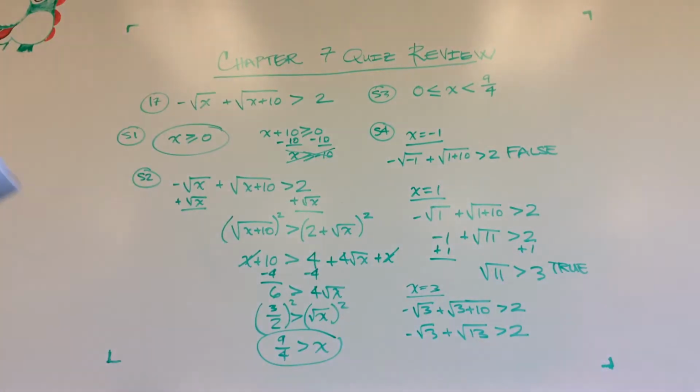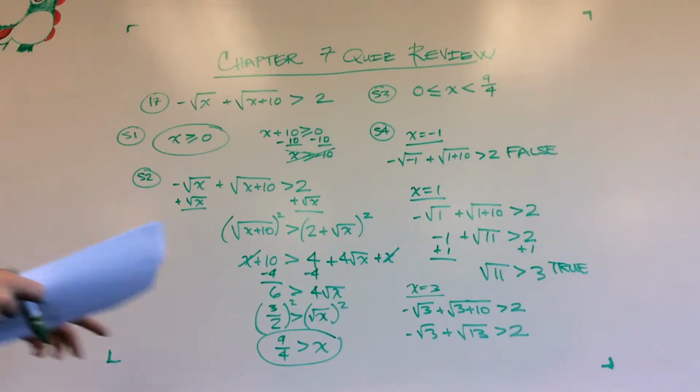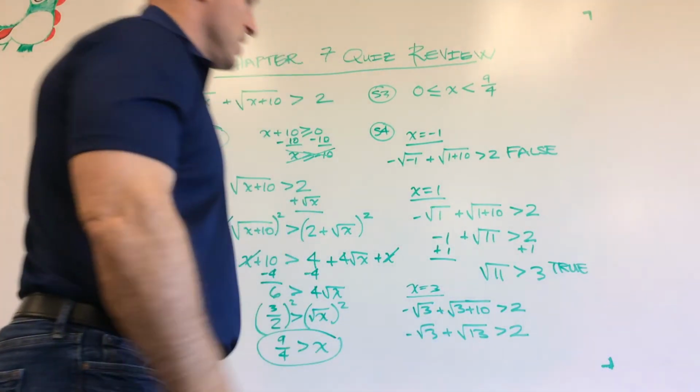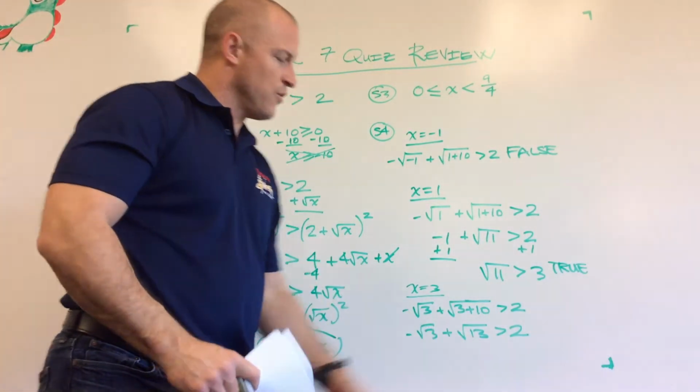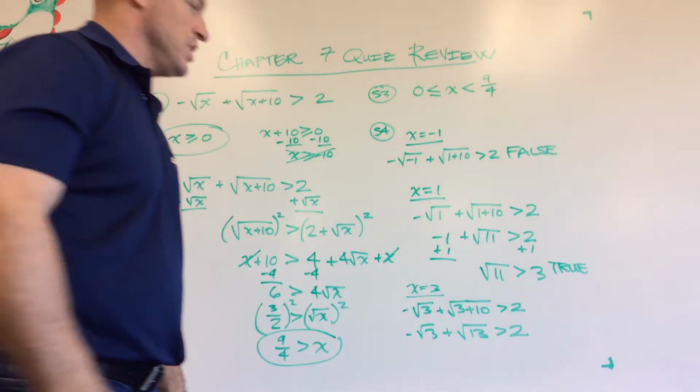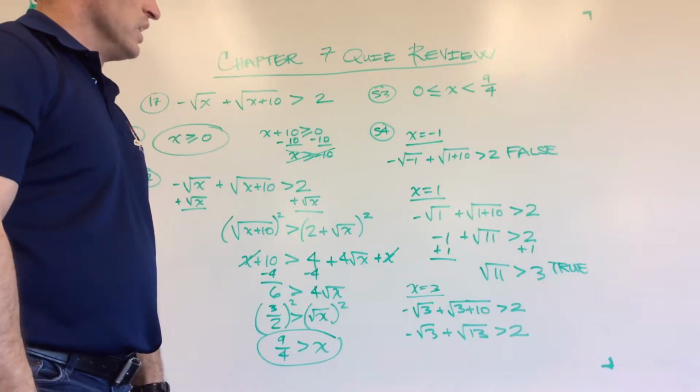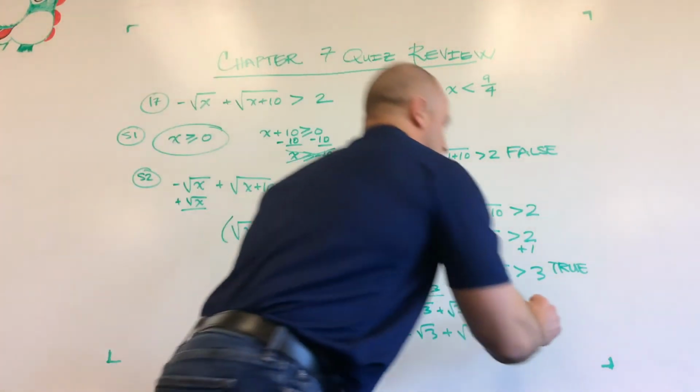Take those values. Again, we can use your calculator, punch in those values, and you'll clearly see that that is a false statement when we subtract the square root of 3 from positive square root of 13. That's going to be less than 2, actually, and that'll give us a false statement.